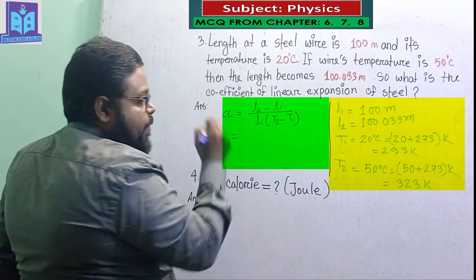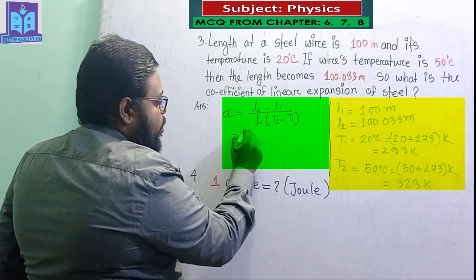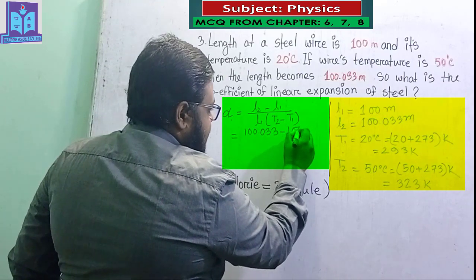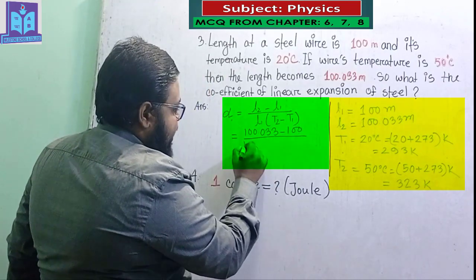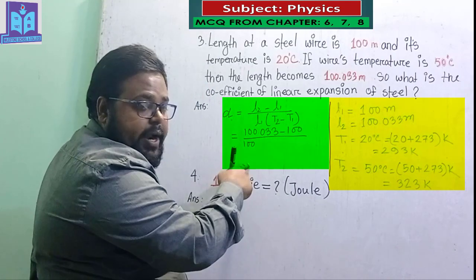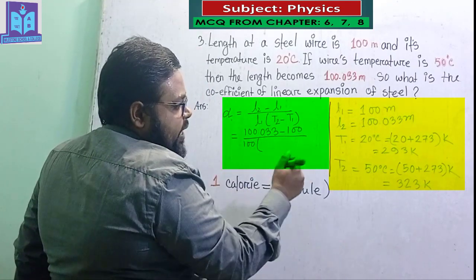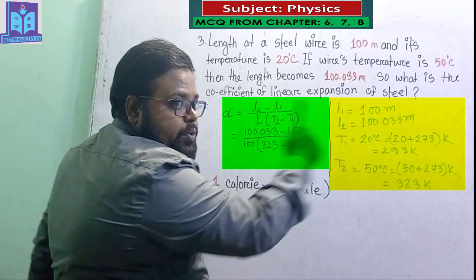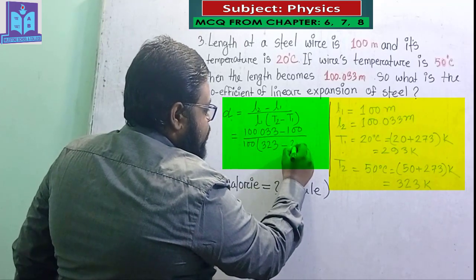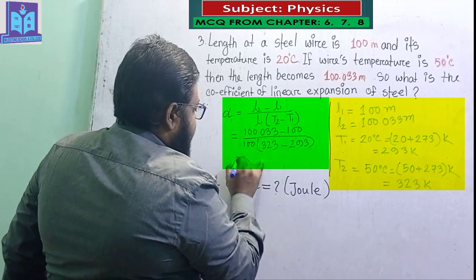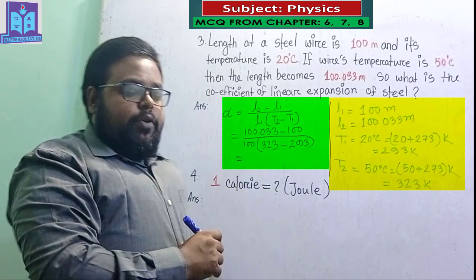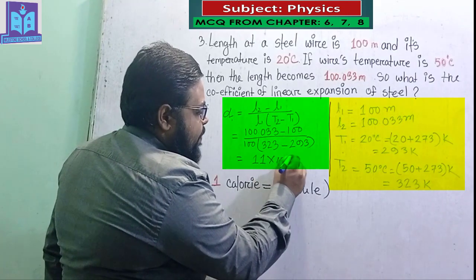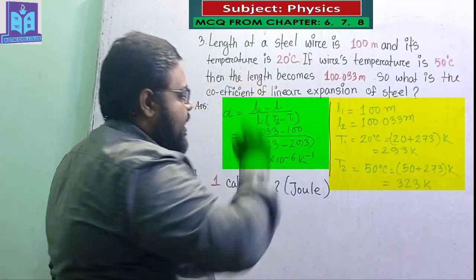If we put all these values in this equation, 100.033 minus 100, L1 equals 100, T2 equals 323 and T1 equals 293, and put them in my calculator, I will get 11 into 10 to the power minus 6 per Kelvin.